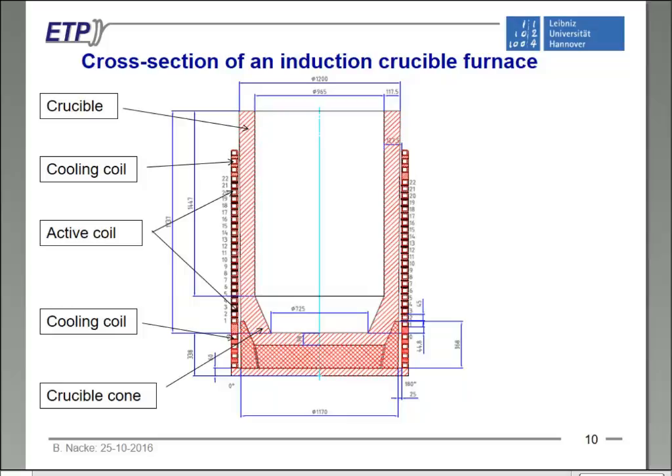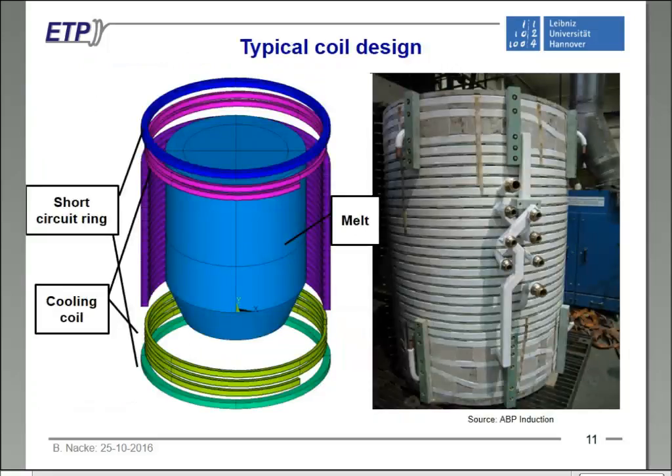But in order to have also a good cooling of these parts on top and on bottom below the coil, typically a cooling coil is used. Here you see, which has only the aim to cool, so it has no electrical function. In the next slide, you will see how it is realized. Here is the active coil, one example, and here you see the cooling coil.